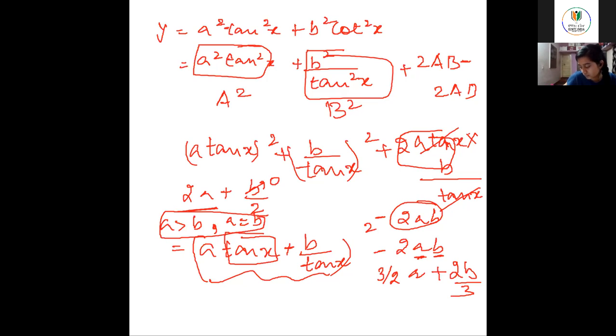So if your a becomes equal to minus b or something like that, then you'll get 2a. Okay. So this was your type 3.